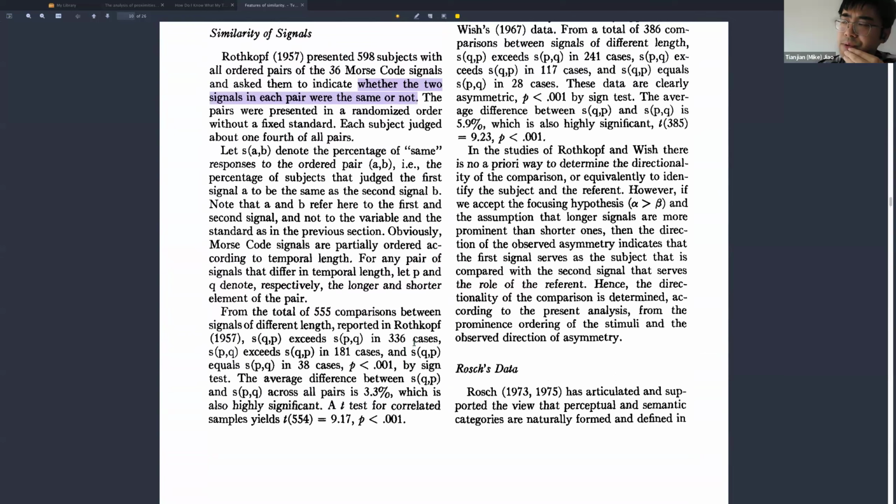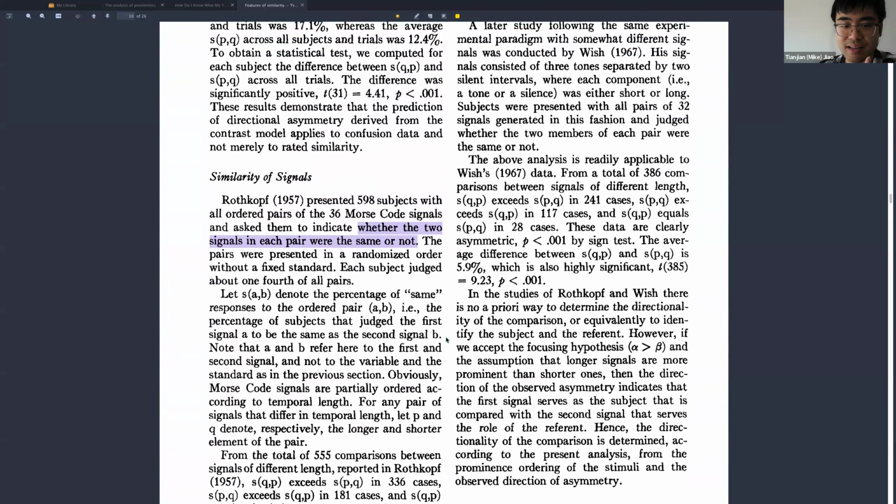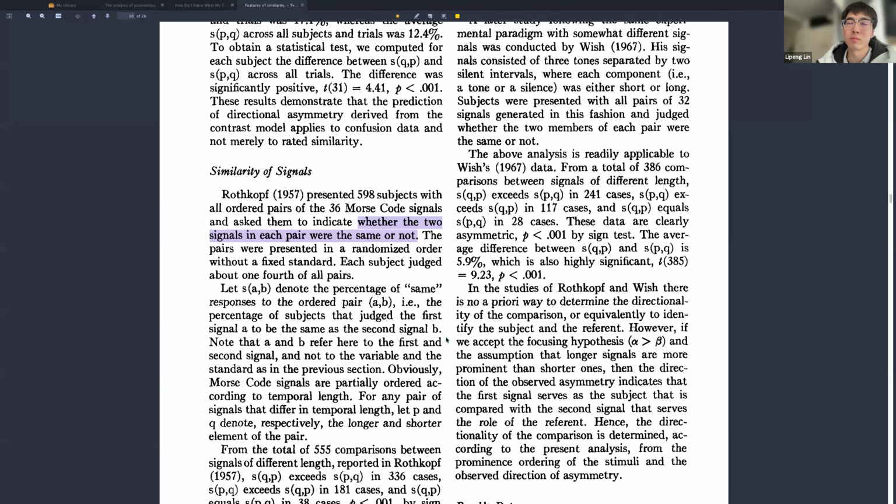I suppose if Tversky were to defend himself, he would say that even though we are using different kinds of measurements and instructions, we are consistently finding the asymmetry that his model predicted. So that seems to speak well of his model, right? Yeah, yeah.